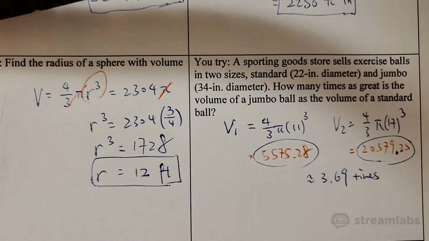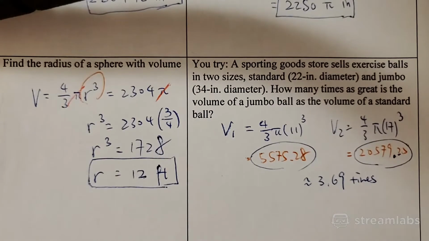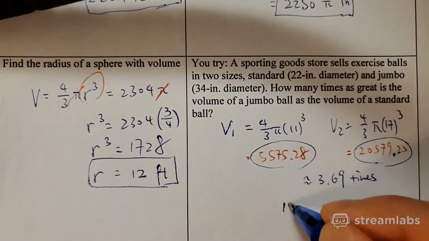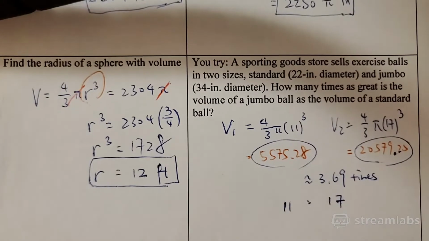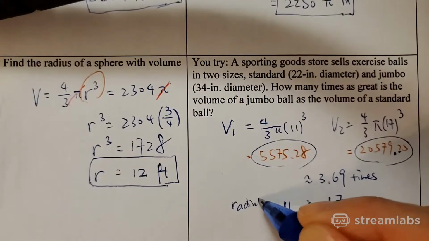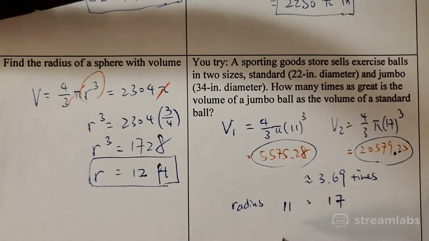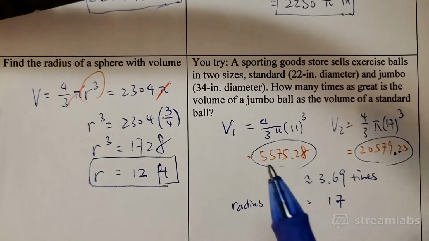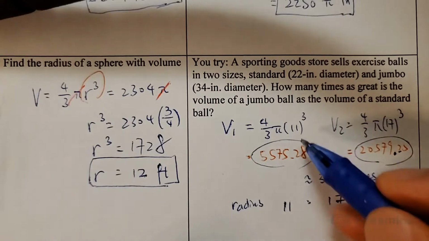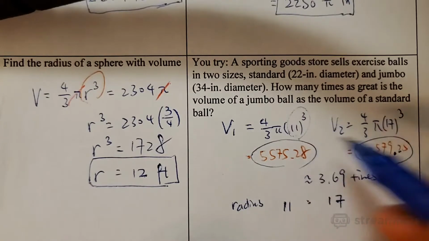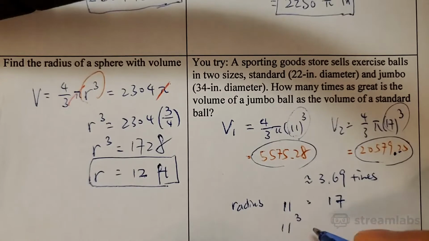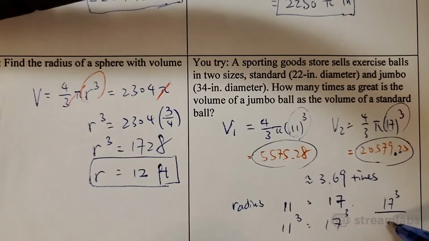We can also look at it in an alternative way. You know how the radius is 11 to 17? That's the radius ratio. Because of that, think about what you need to do for volume. Don't you have 4/3 pi r cubed for both? The 4/3 pi part is the same, so we don't have to look at that. The only difference is going to be 11 cubed versus 17 cubed. So all you need to do is put 17 cubed over 11 cubed, whatever that is, will be your answer, okay?